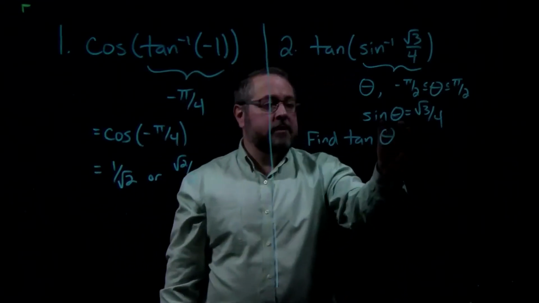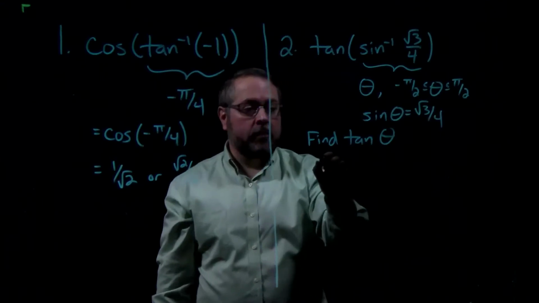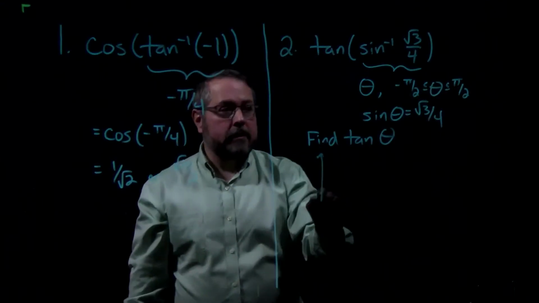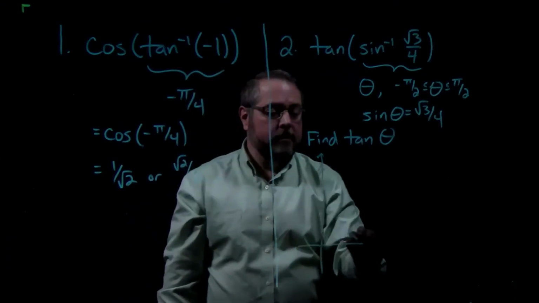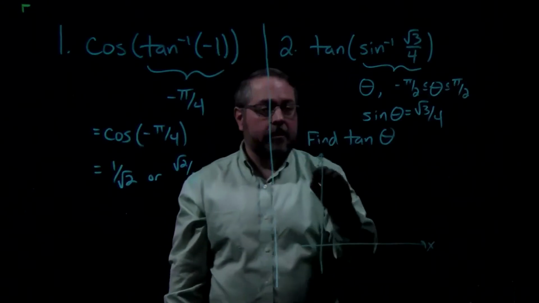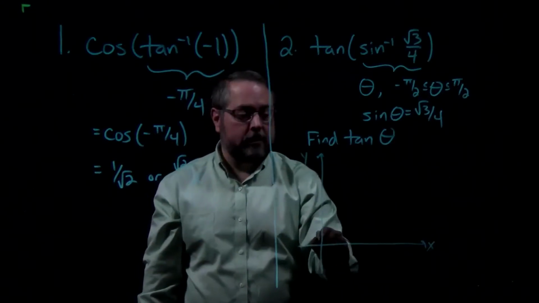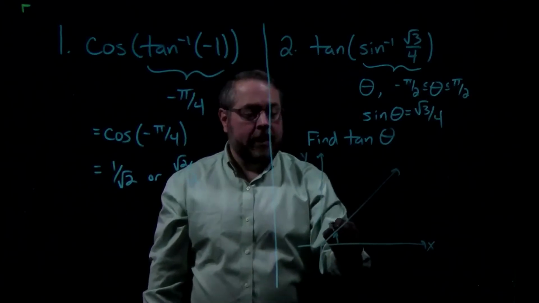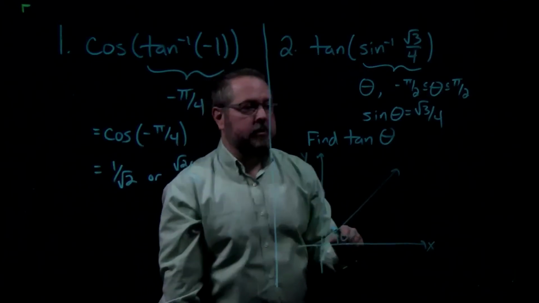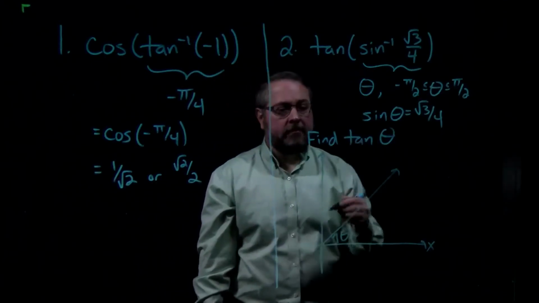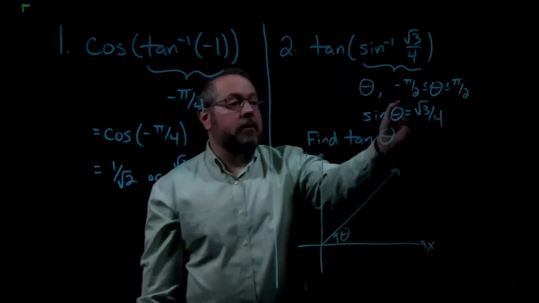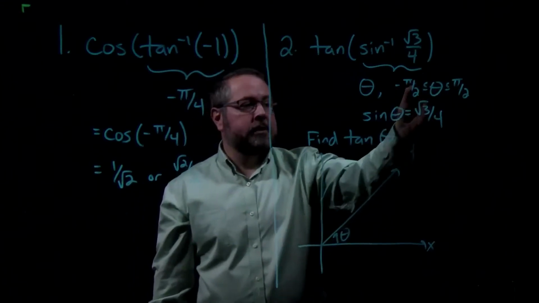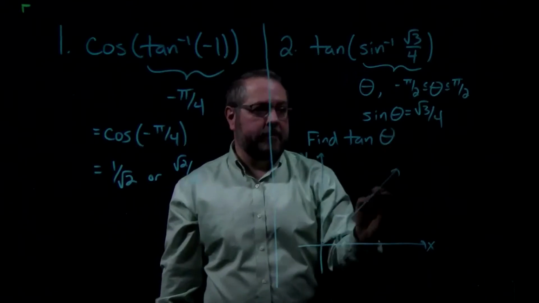Note that since the sine of theta is √3/4, it's a positive sine value. That tells us that theta has to be in the first quadrant. It can't be in the fourth quadrant because its sine value would be negative. Here the sine value is positive, so theta has to be between 0 and π/2.